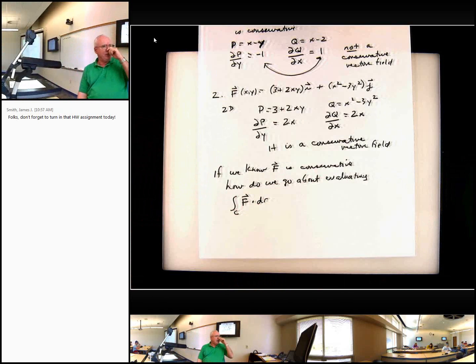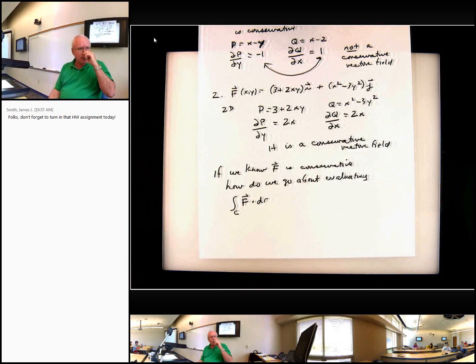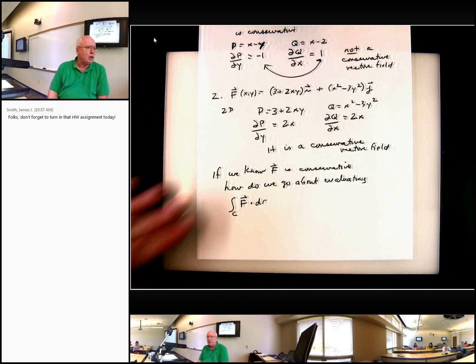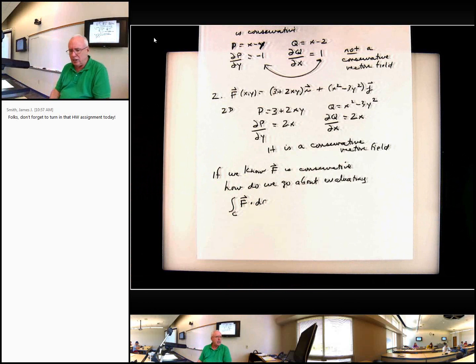And for those of you who might have missed, say, Wednesday's class, we went over in that lecture how we define f dot dr. I might be mentioning that again today, so you want to review that. Okay.